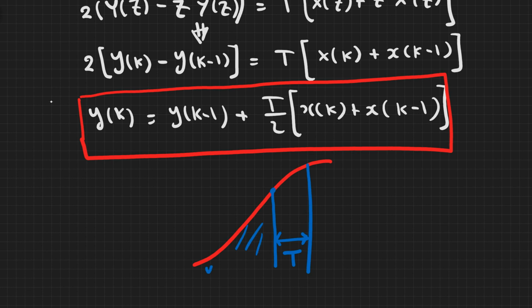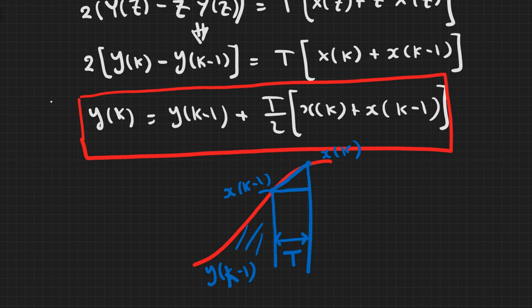If this is y of k minus 1, this is the previous value of the integration. So we say that the new y of k is equal to the previous y of k minus 1, and you add to that, so this is the value x of k minus 1, and this is the value x of k.